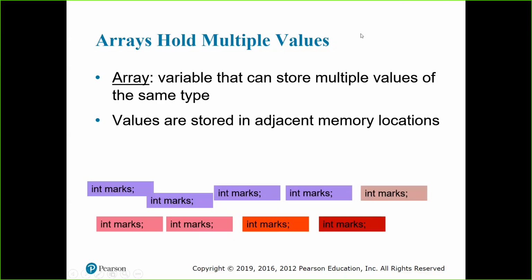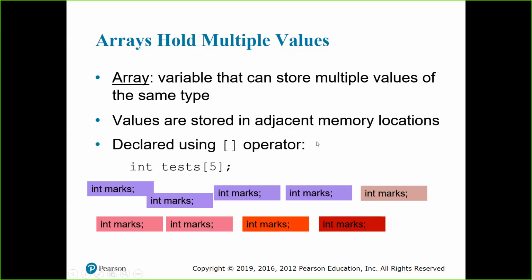The values are stored in adjacent memory locations. What does it mean? I will show you. And how to declare an array: if you want to declare an array whose name is test, the value type it stores is integer, and the size is 5.